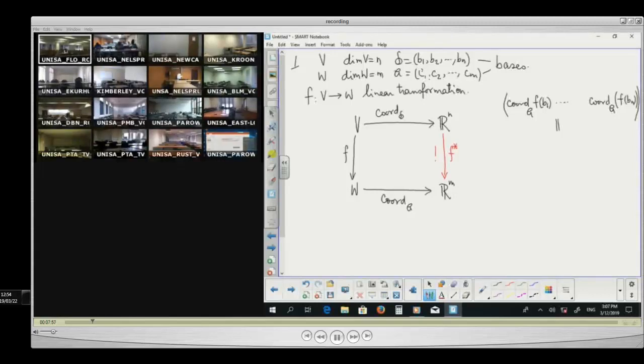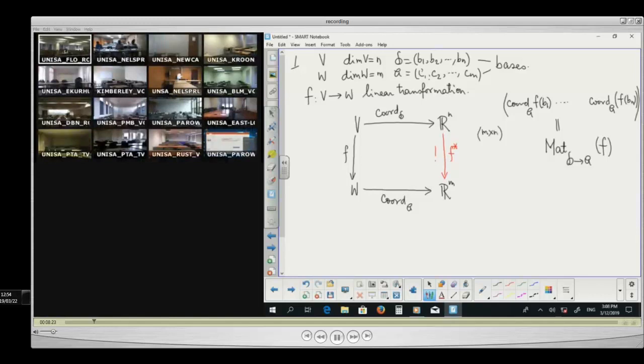So there are n columns. Remember, these are all m vectors. So this matrix I denoted as matrix, so this is actually an m cross n ordered matrix.